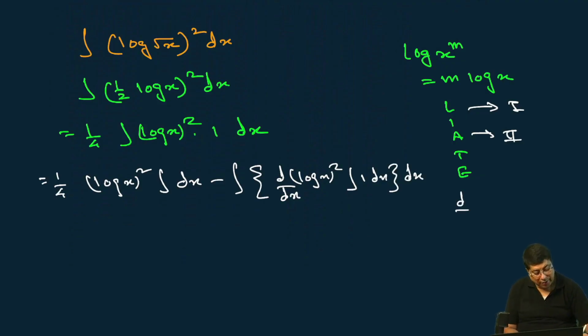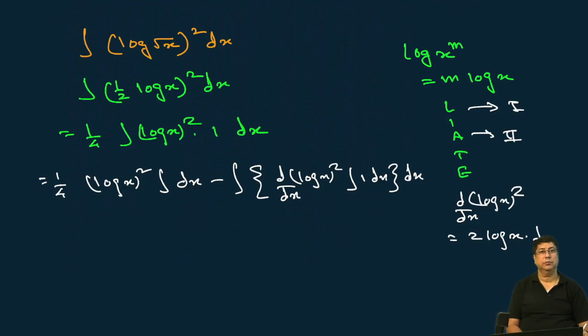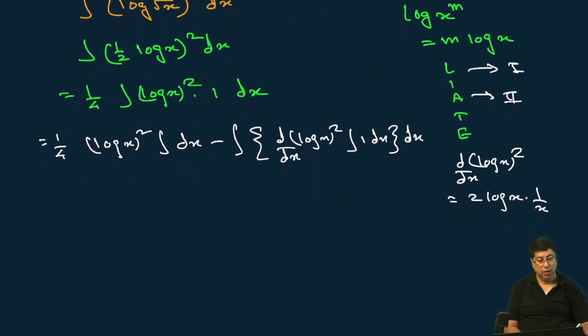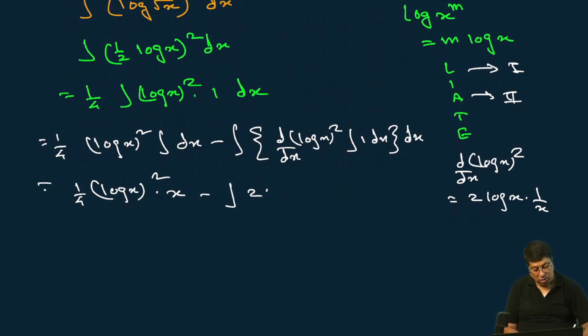Derivative of log x whole square, that is 2 log x into derivative of log x is 1 by x, right? So I can say here that 1/4 log x whole square, that is dx integration x minus 2 log x into 1 by x, dx integration x on total dx.